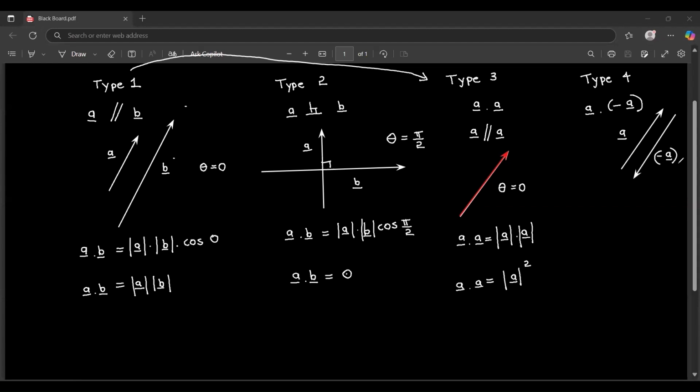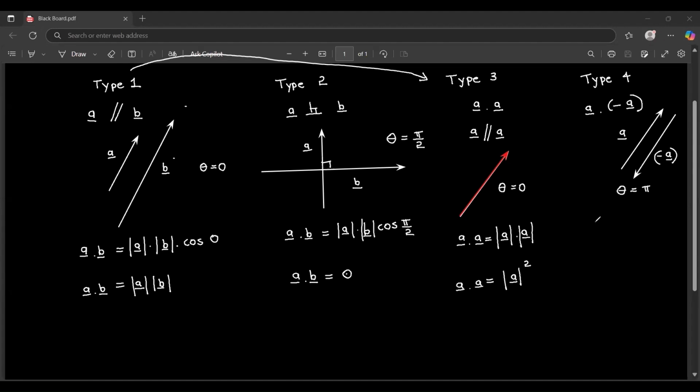Now how can I find the angle between them? Well, I can bring it here. If I bring it here, I can see they create a straight line, which means the angle between them is equal to pi. So in this case, theta is equal to pi.